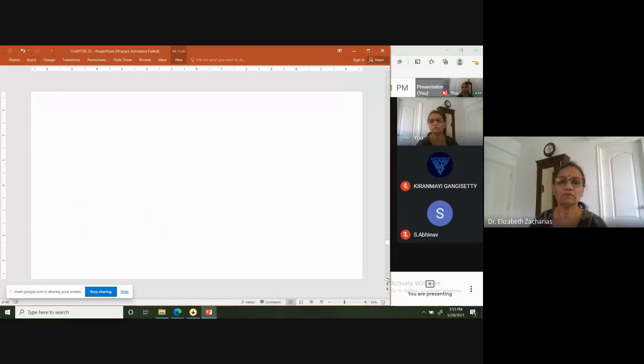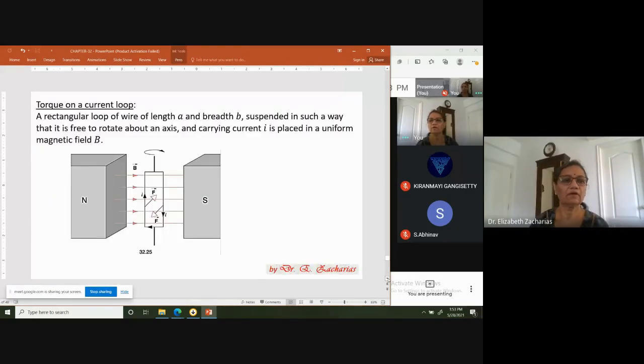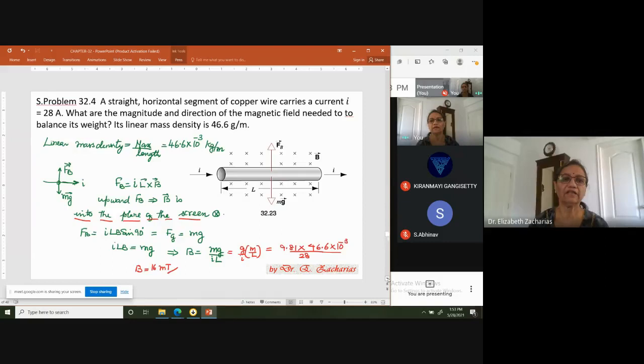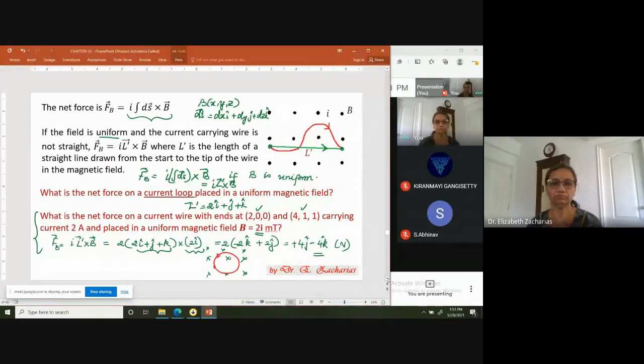How much? A current loop placed in a uniform magnetic field experiences a force.